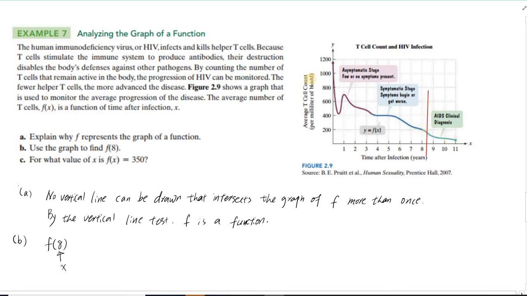I'm going to go ahead and delete this so that it doesn't confuse some of you, okay? So here we have our 8, all right? So I'm just going to extend this a little bit. Here I have my 8, and then all I need to find is what is my y when this is 8. So that is 200, which I can write as f of 8 is equal to 200.